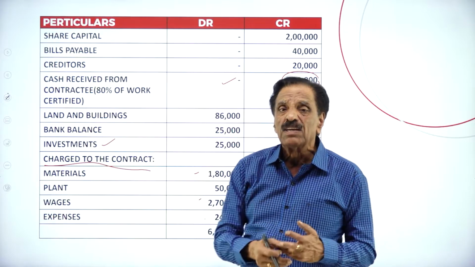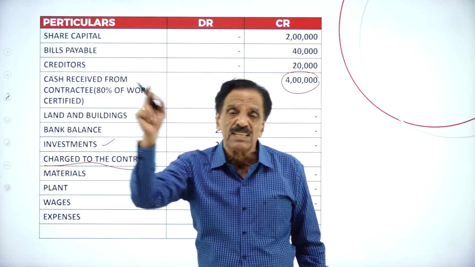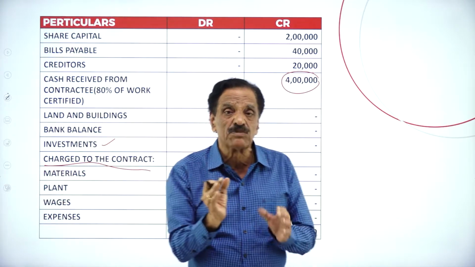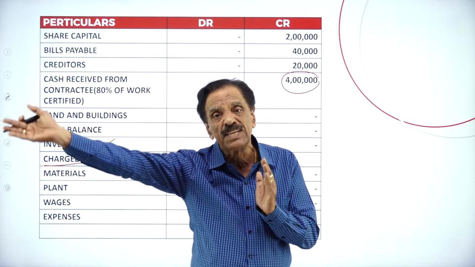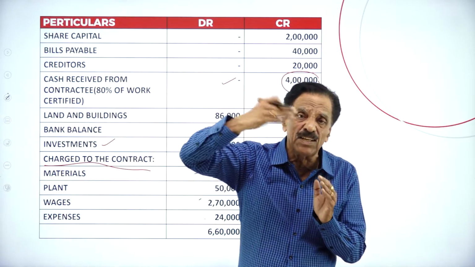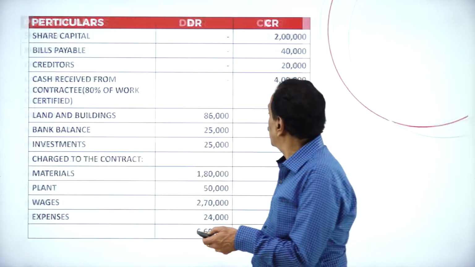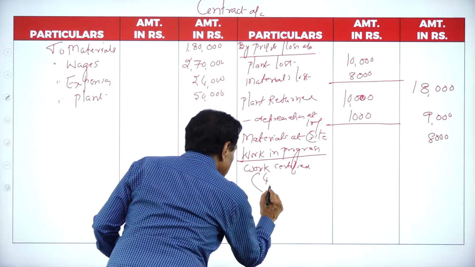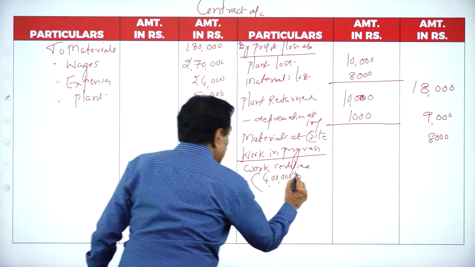Work certified is 4 lakh cash received into 100 by 80.